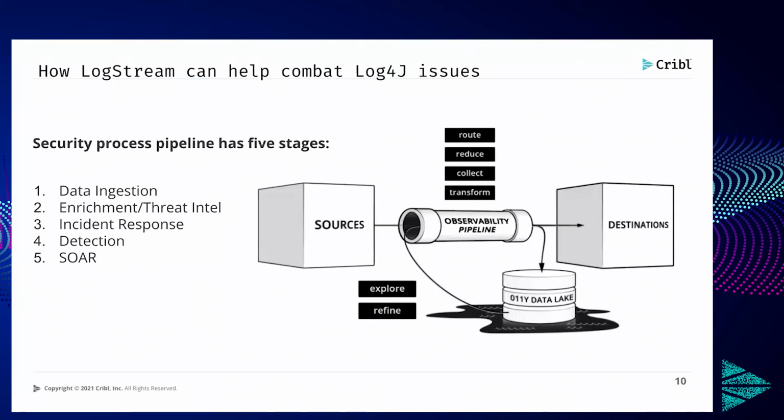The next step is enrichment. It's very easy to integrate LogStream with various threat intel providers. GreyNoise is probably one of the best that I would recommend. GreyNoise, for example, has a free list of IOCs on GitHub of known Log4j scanners. And so, for example, you can have an automated process download that list of IOCs.